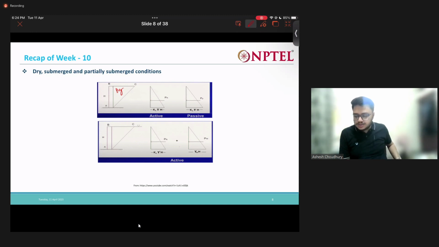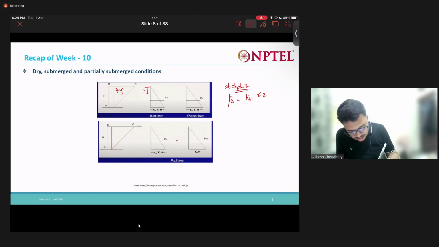So what will be my PA? At all the points, say at depth Z, my PA, small p, will be K into gamma into Z. So this value at the bottom is K into gamma into the height.